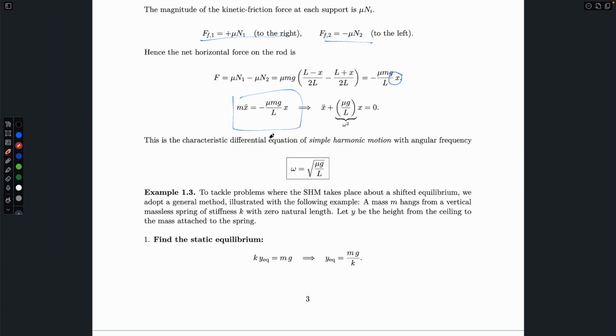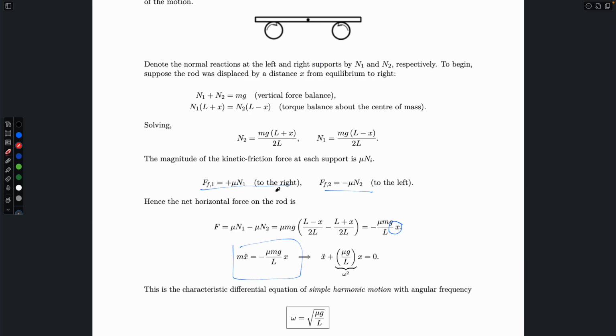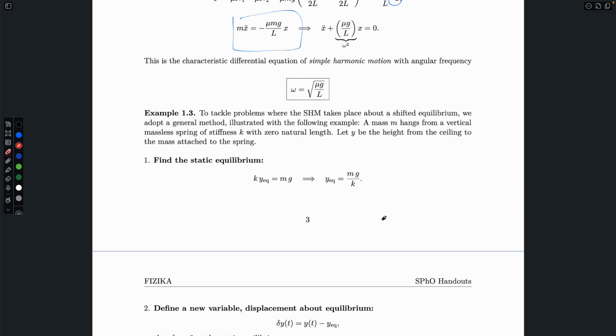Moving on. In the most basic spring mass system, we always assume that the equilibrium is when there's no extension of the spring. But sometimes, especially in real life, this is not the case, because there are external forces acting on an object besides just the restoring force.